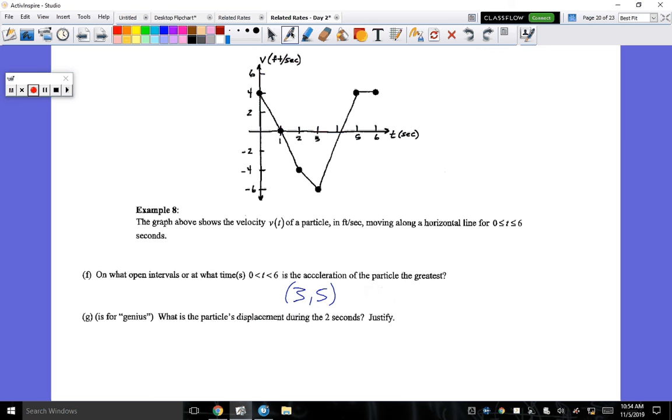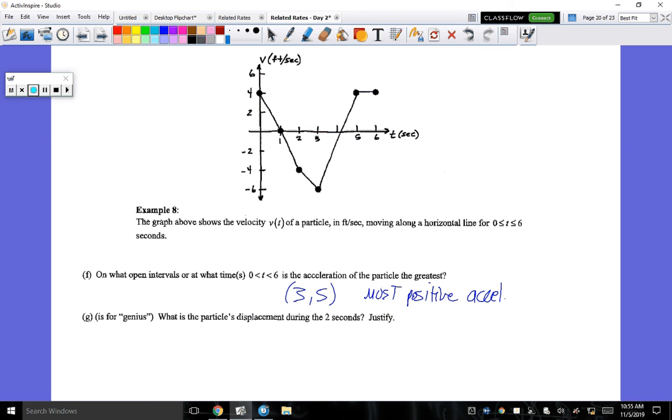So the magnitude of it, right? And greatest meaning the most positive as well, right? So not only is it the biggest, but it's also the most positive. So the most positive, not necessarily the steepest, but the most positive acceleration is happening between 3 and 5.